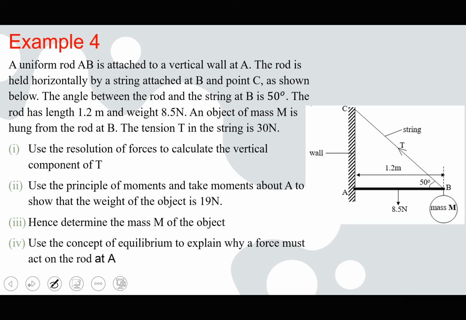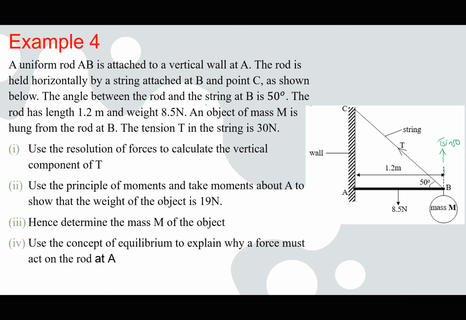Okay, so I'm going to use the resolution of forces to calculate the vertical component of T. Resolving T vertically upwards using the angle 50, this is going to be T sine of 50. The weight is 8.5 newtons, and the mass here is m.